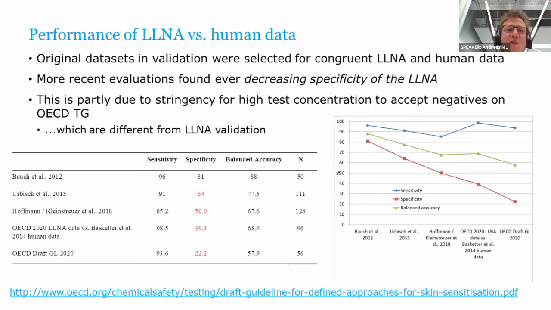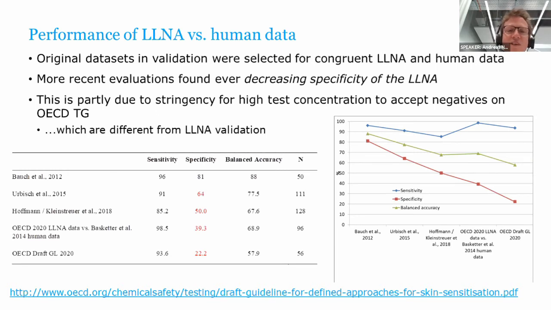What is of course also important, since we have the human and the LLNA and the in vitro data, to really look how good is the in vitro, we can also look how good is the LLNA, which, as I said, itself is a surrogate and a replacement method. And what is interesting in these same data sets over time, what we see is the LLNA is really a sensitive method. It's always between 85 and 98% sensitive, but the longer the data were reviewed from 2012 to 2020, the specificity of the LLNA is ever decreasing.